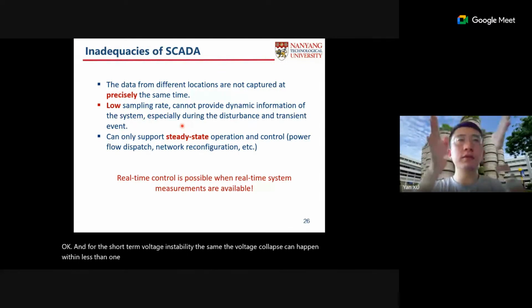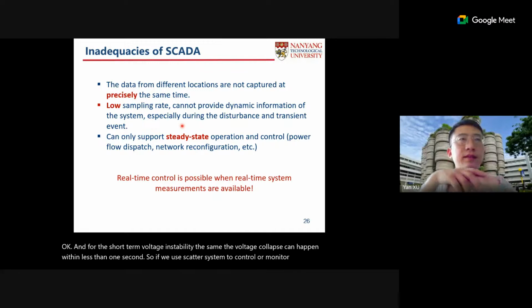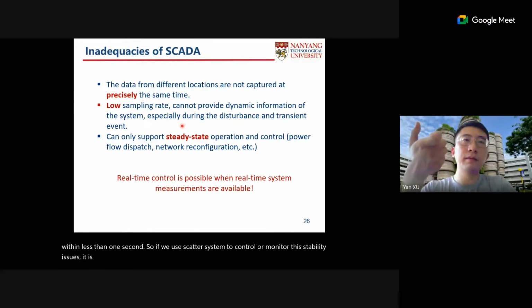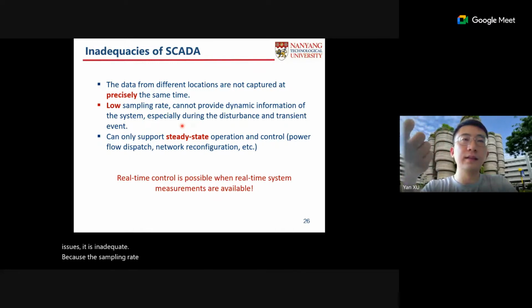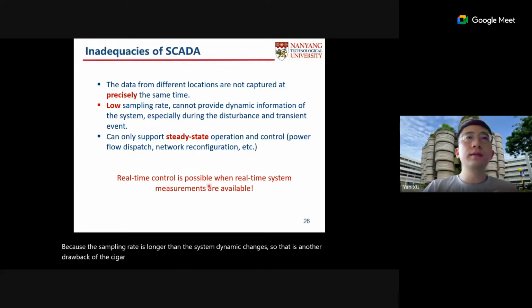So if we use the SCADA system to control or monitor these stability issues, it is inadequate because the sampling rate is longer than the system dynamic changes. That is another drawback of the SCADA system. The SCADA system can only support steady-state operation and control.